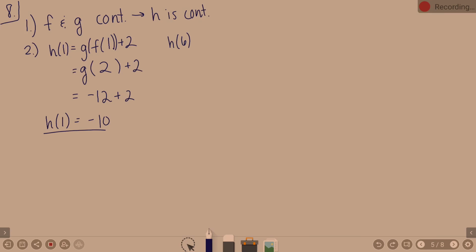H of 6, same thing, right? G of f of 6 plus 2. Start on the insides. F of 6 is 8. So now it becomes g of 8 plus 2. G of 8 is 28.